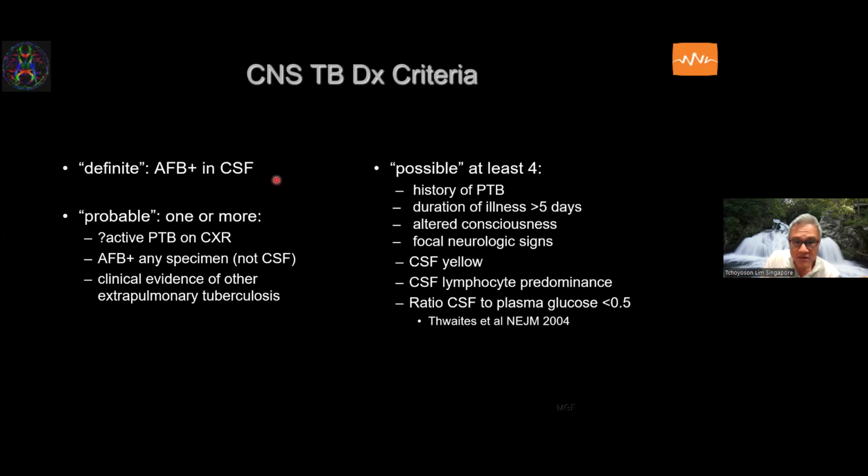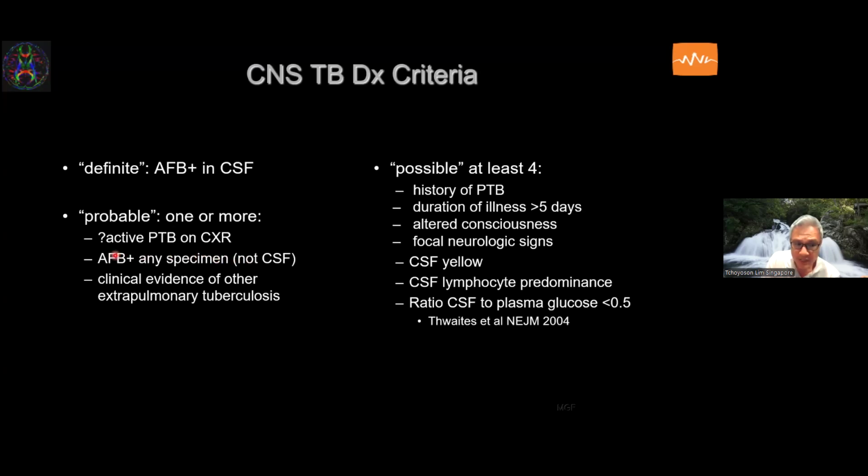And here is the definition according to the New England Journal criteria for suspecting a probable TB, including active pulmonary tuberculosis on chest X-ray, positive acid-fast bacillus in any specimen except the CSF.